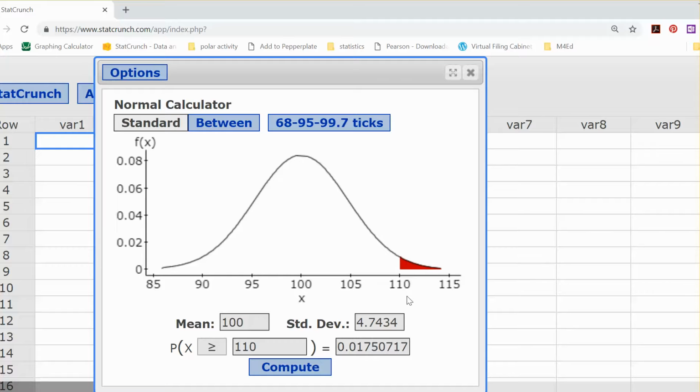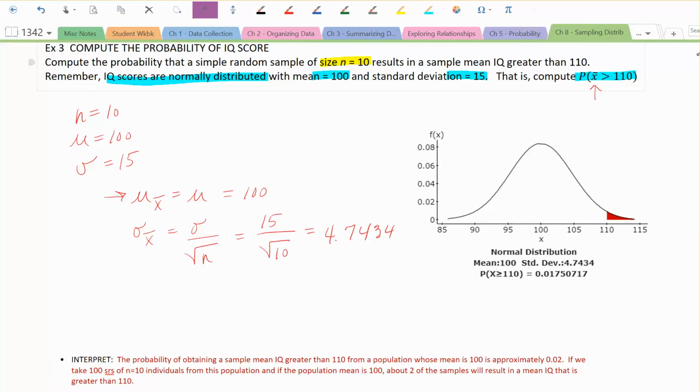So what do I know based on the normal calculator? We were told that the mean of the sample is the same as the mean of the population.